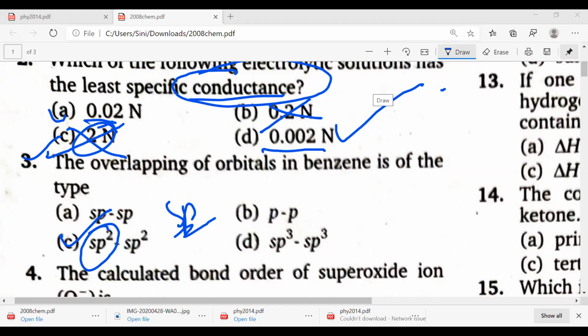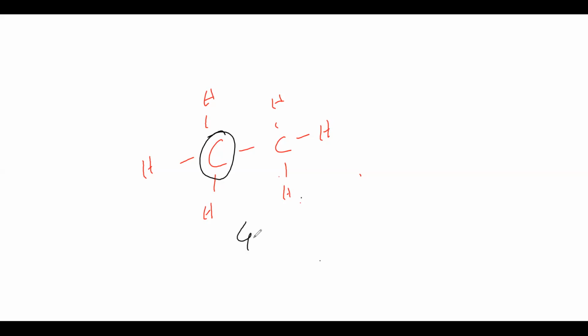So guys, simple thing. If you don't know this thing, just take this carbon atom. Okay. I'm just drawing a single bond. Fine. This is again a single bond here. They're telling us to find the hybridization of this carbon atom. Correct? So how many single bonds are there totally? 4 are there.